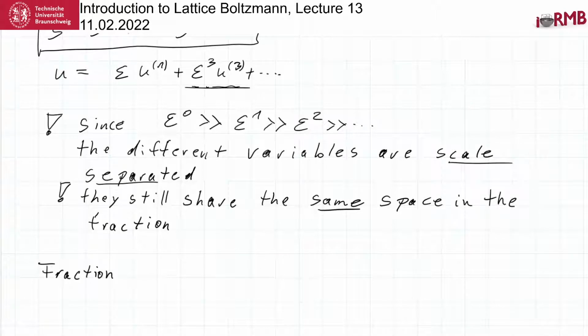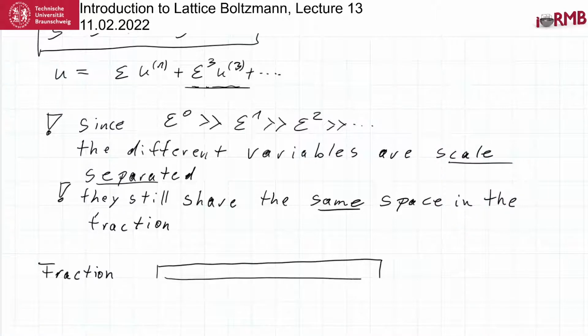So say this is our fraction that we have here, and here we have the most significant bit, and down here we have the least significant bit.